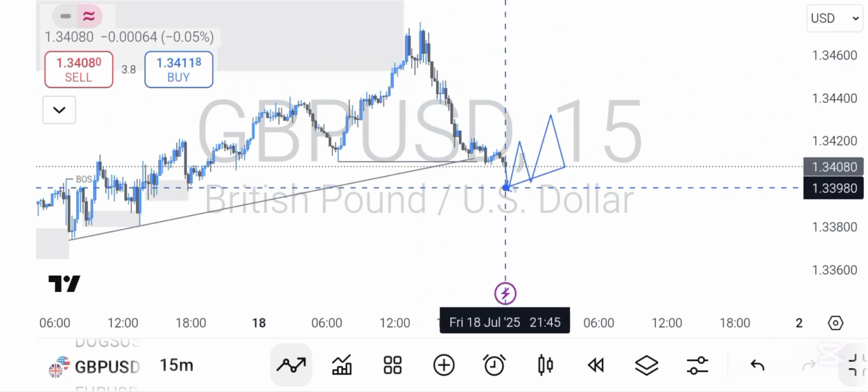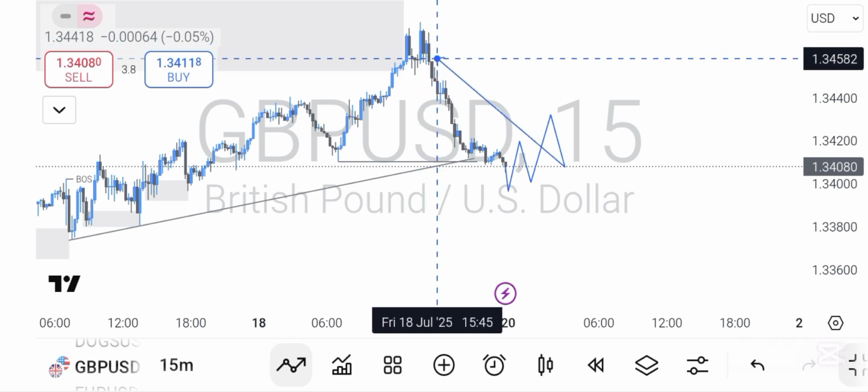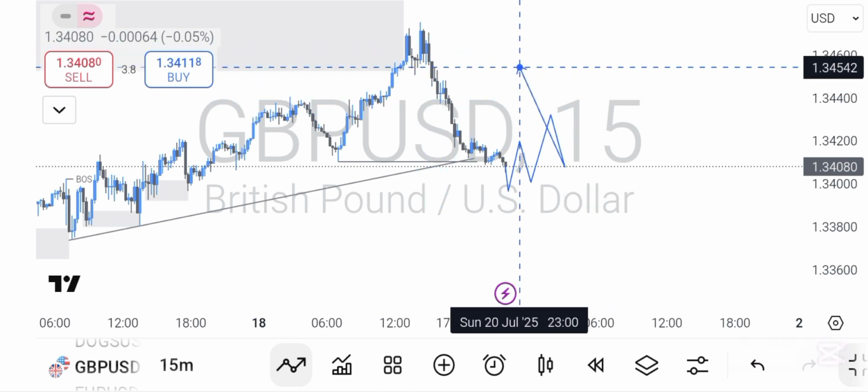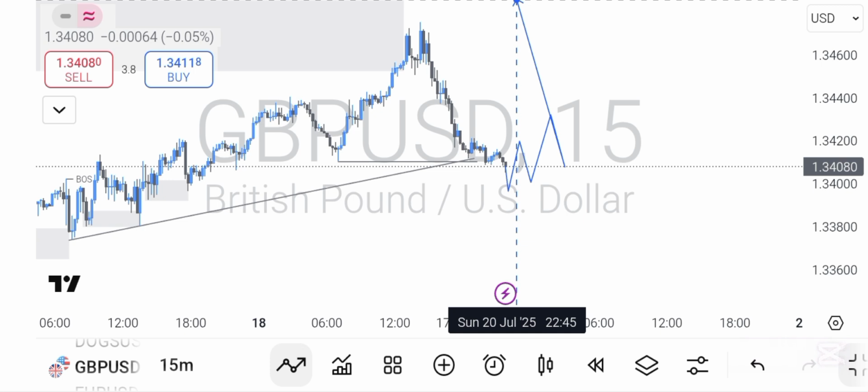If price can give this, then these people are going to be the liquidity points that price is going to take out to move to the upside.